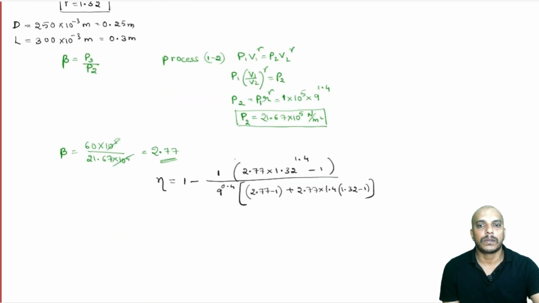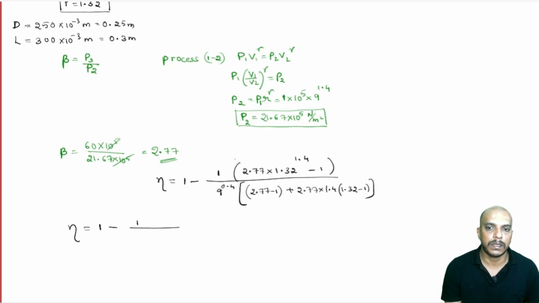So this can be further simplified before we substitute it into the calculator. The 1 minus this 1 we can leave. 2.77 into 1.32 power 1.4 minus 1.